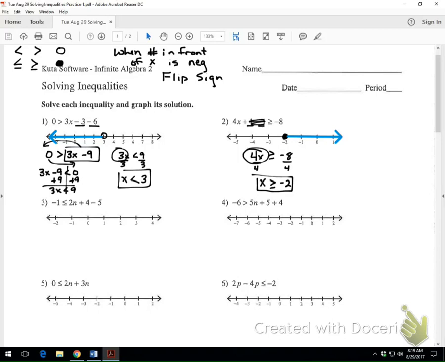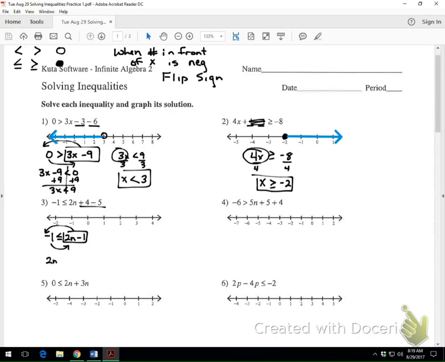Okay, number 3. Can I combine anything first? Okay, 4 minus 5 gives me what? Negative 1. So I have this right here: 2n minus 1. Do I make anything a mirror image so it looks normal? Okay, so I'm going to take this 2n minus 1, move it over here to the left, and then move that negative 1 to the right, and flip my sign in the middle.